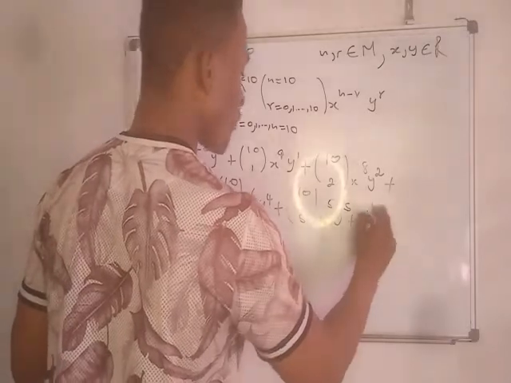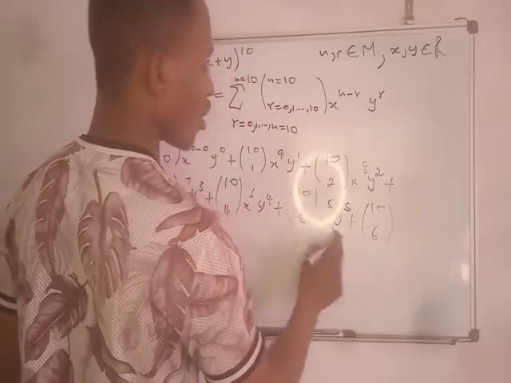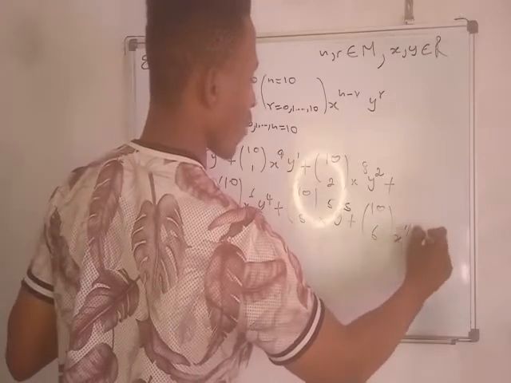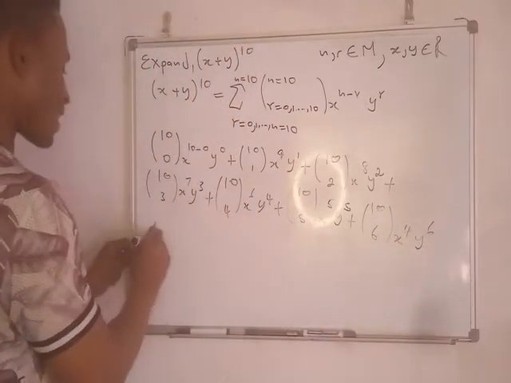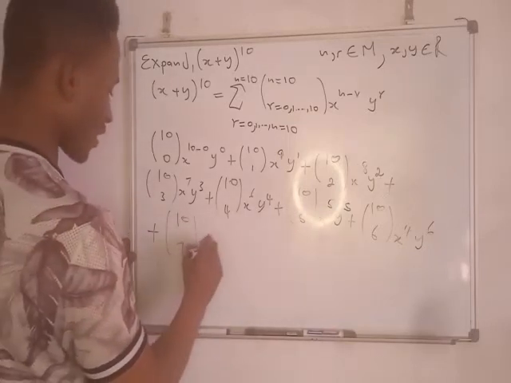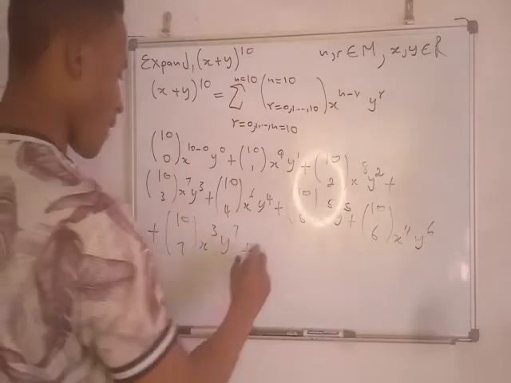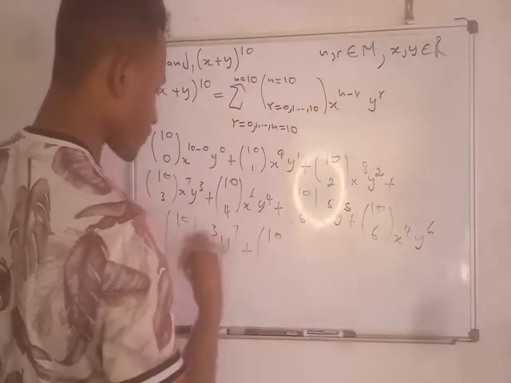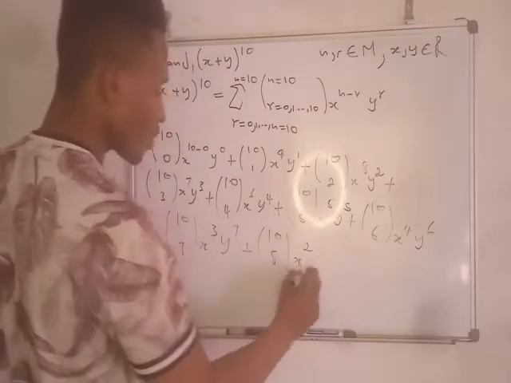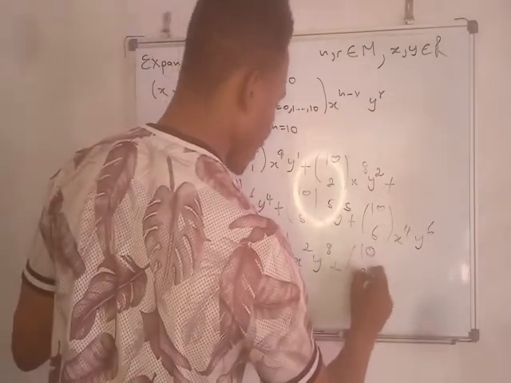plus 10 combination 6. This is my x, 10 minus 6 is 4, and y to the power 6, plus 10 combination 7. 10 minus 7 is 3, which is x to the power 3, y to the power 7, plus 10 combination 8. 10 minus 8 is 2, so x squared, y to the power 8, plus 10 combination 9.